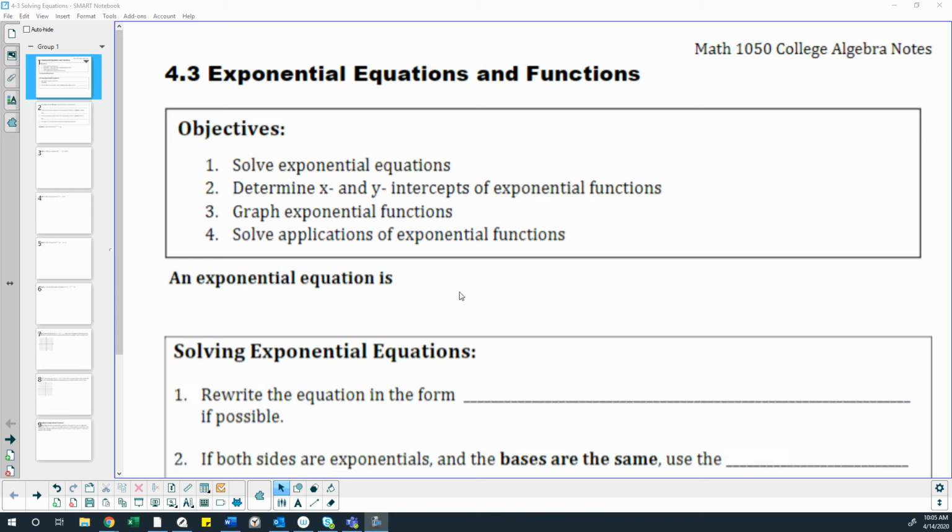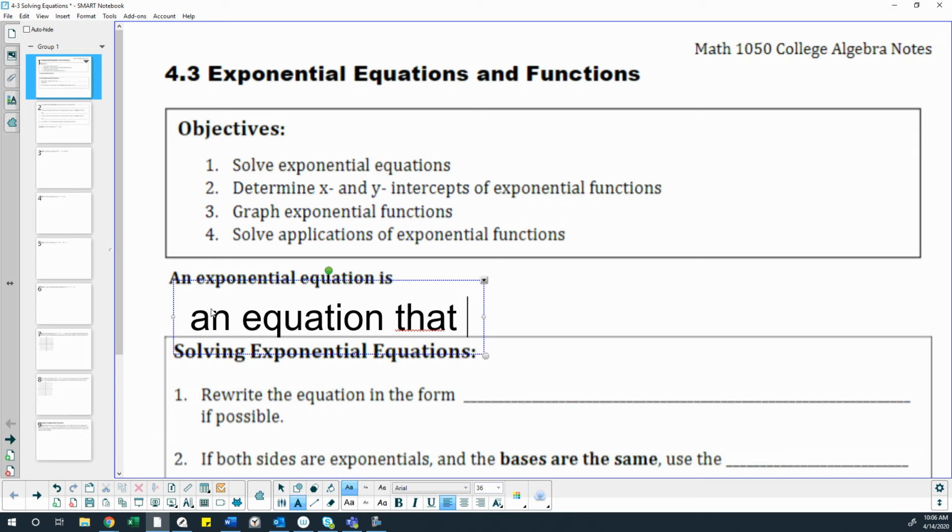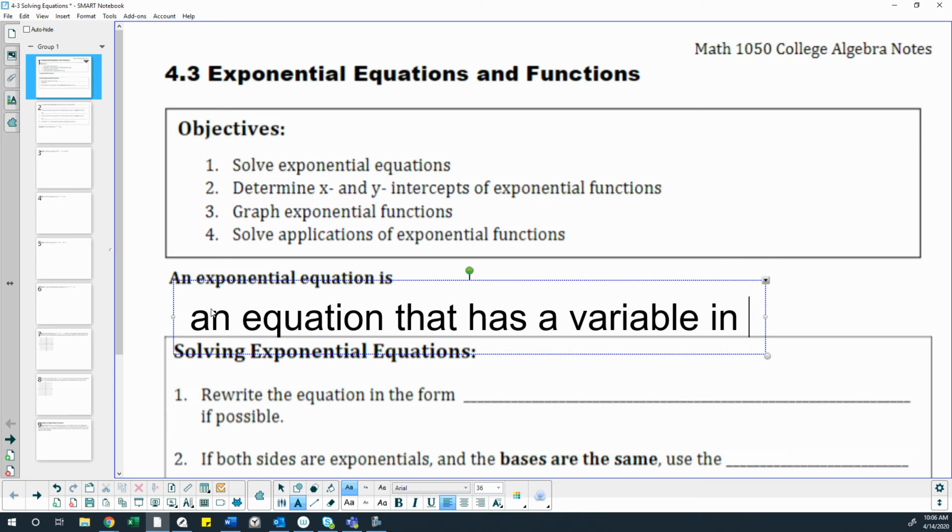An exponential equation is an equation that has a variable in the exponent. I'm just going to type since I'm right at a keyboard.